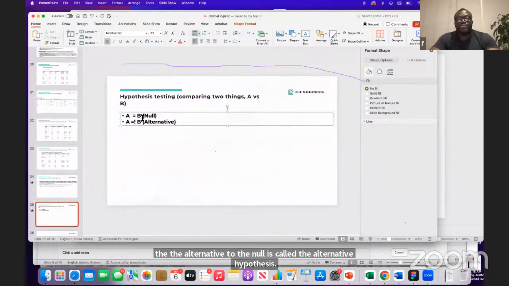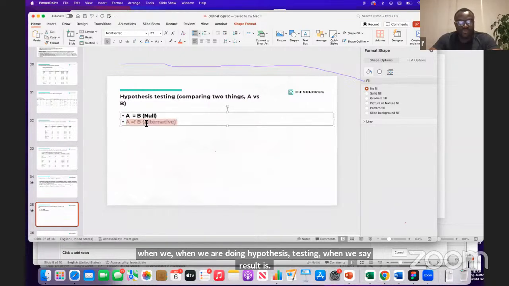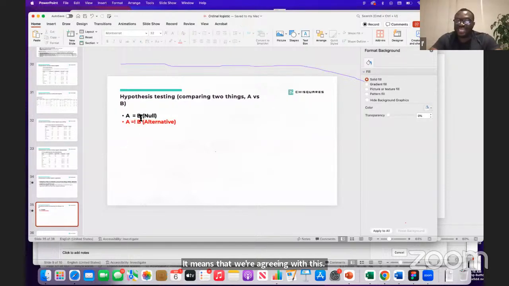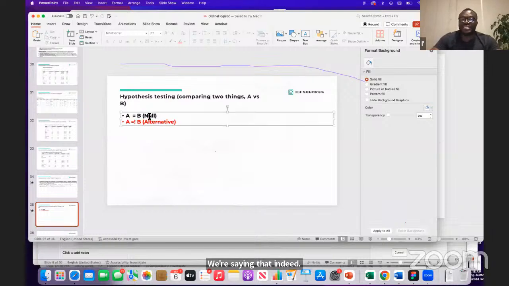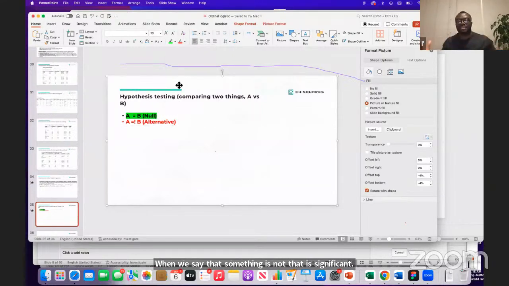So when we are doing hypothesis testing, when we say a result is statistically significant, it means that we're agreeing with the alternative. We are saying that indeed, these two are different from each other. When we say that something is not statistically significant, we are sticking with the null hypothesis. This is as simply as I can frame it.